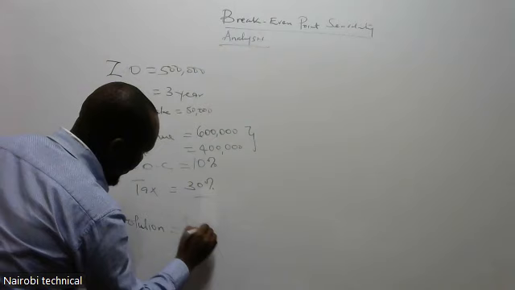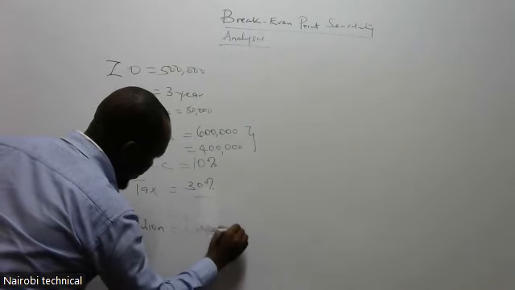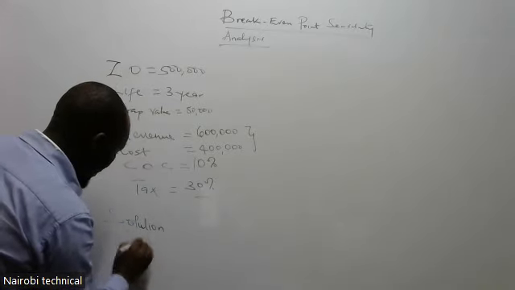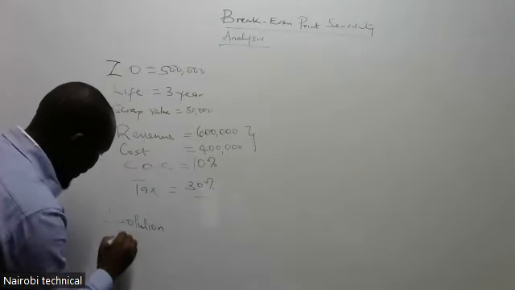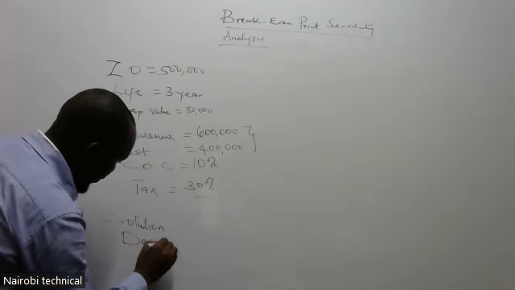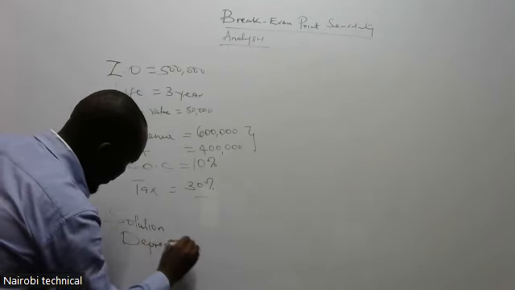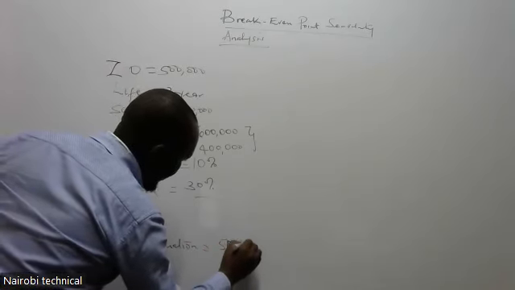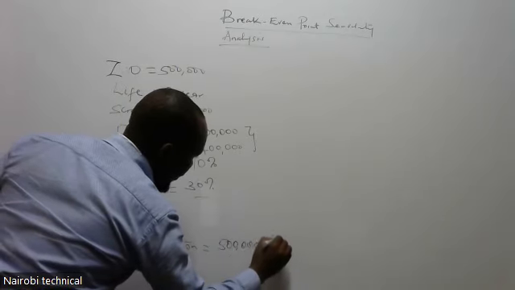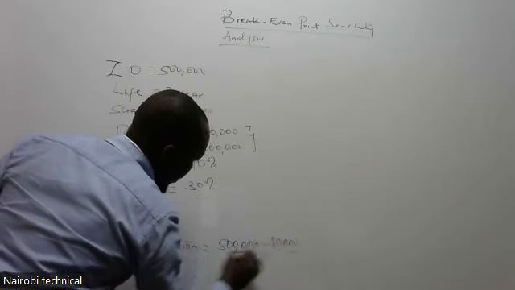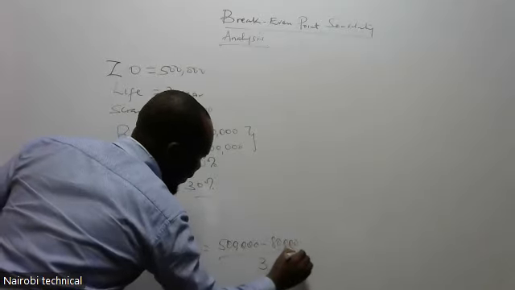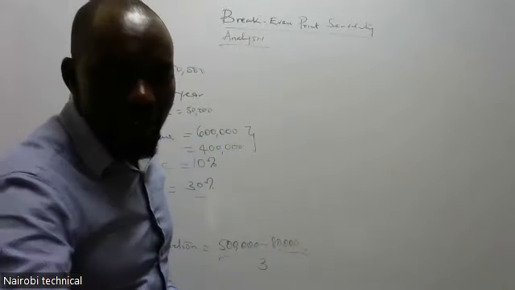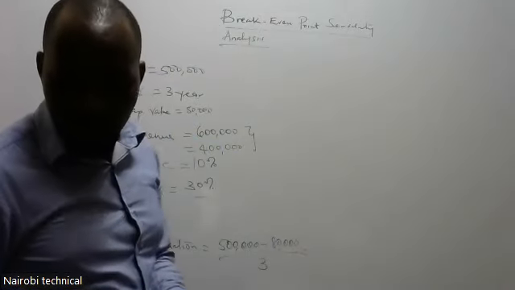Then we start with depreciation. Or you just write chini yake, depreciation. This one is a kind of once. Depreciation is equal to 500 minus 80 all over 3 years. How much is it?